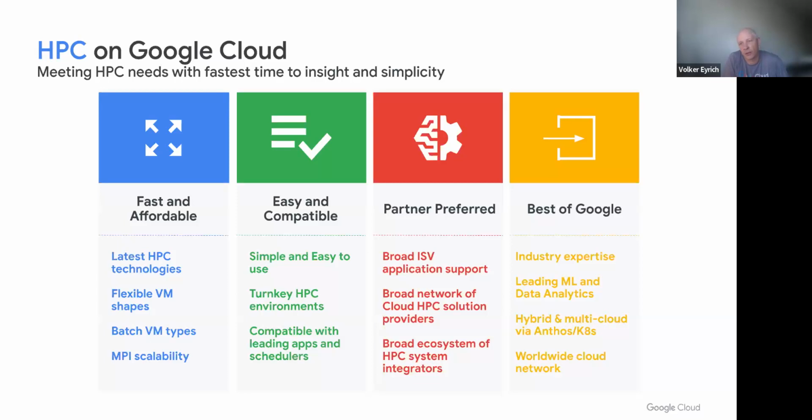We have a very strong relationship, to just give one example, with SchedMD, who maintain and make available Slurm, the resource manager. And together with partners, we offer a very strong and compelling product in our opinion. And it brings all of the technologies that Google develops and relies on internally, so you can take advantage of them as well.